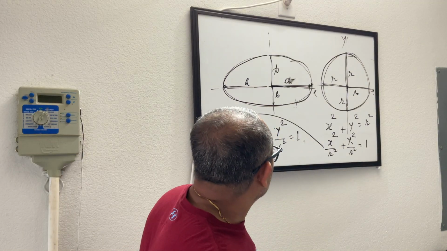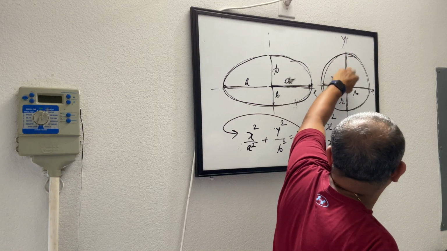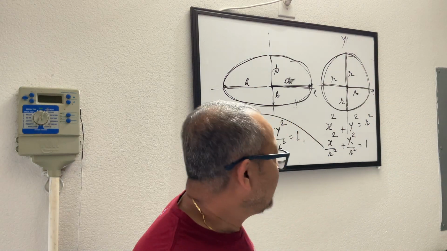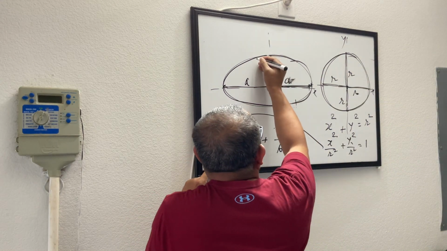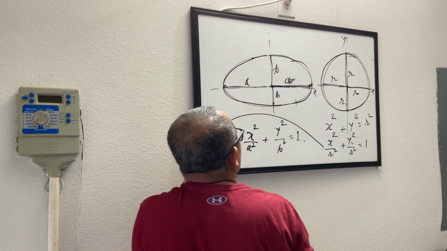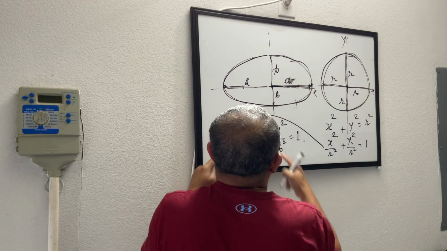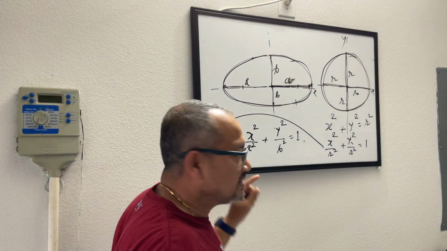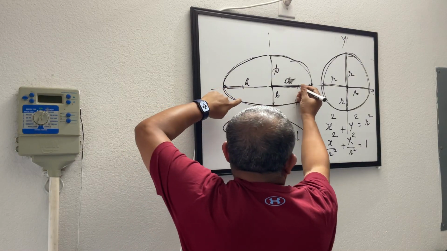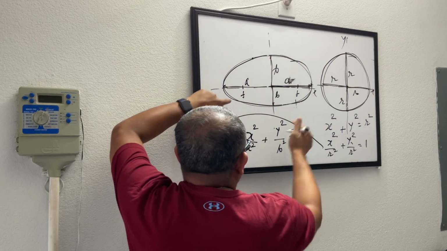Alright. So in a circle we know that any and every point from the center to the perimeter is the same distance, that is called radius. With an ellipse there is one interesting concept. Let's say you take two points along the horizontal or the major axis. This is your major axis, this is your minor axis. If you take two points along the major axis, we'll call those foci or focal points.